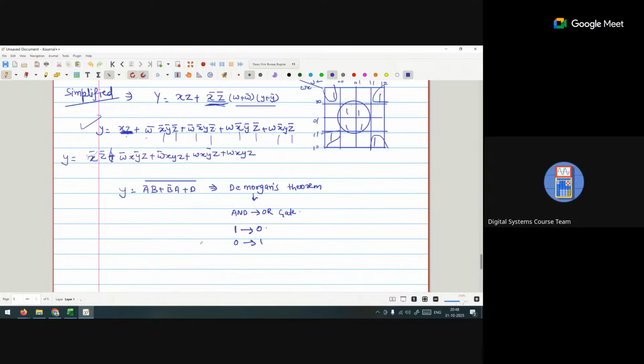That means D will be converted as a D bar, or D bar will be converted as D. So Y is, first of all, this is the OR gate. So first of all, I convert the OR gate into the AND gate. AND gate is OR gate, and OR gate will be AND gate.